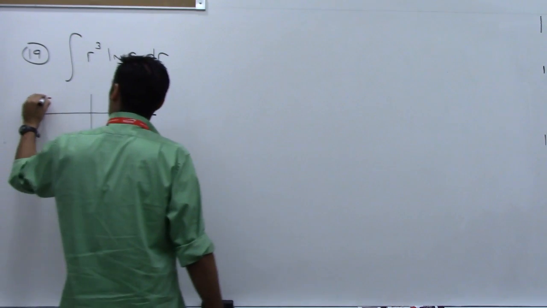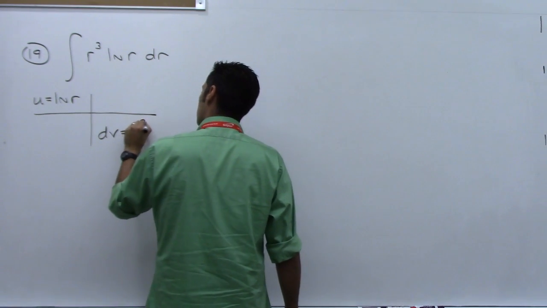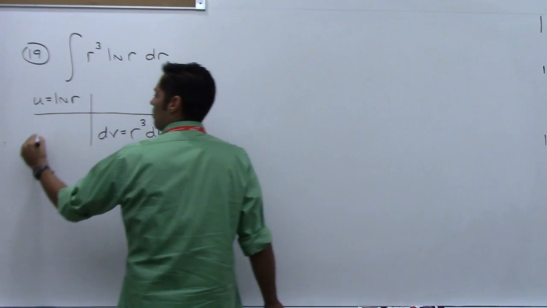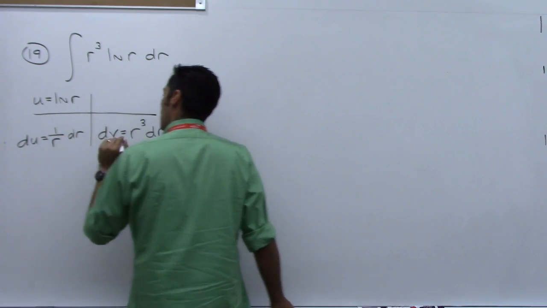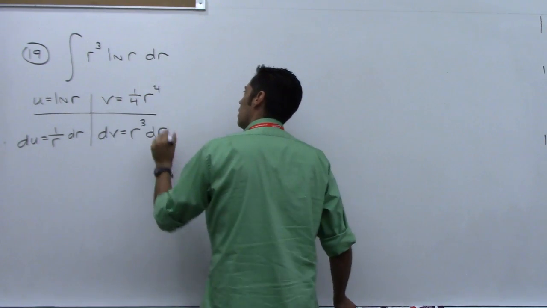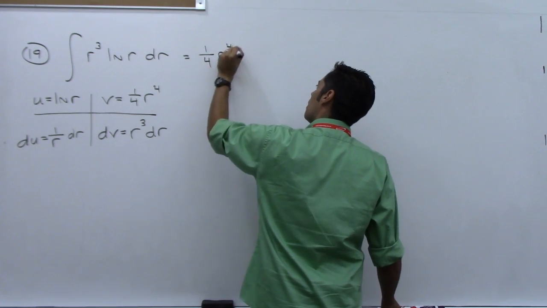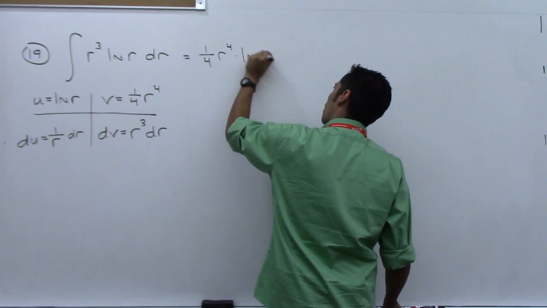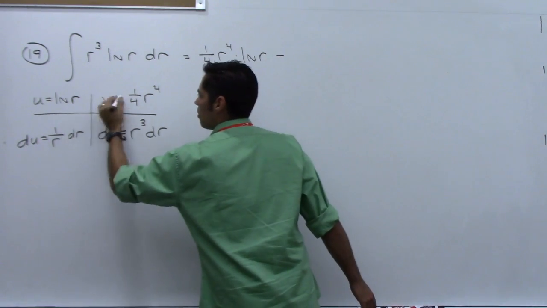So u is going to be equal to the natural log r. dv is going to be r cubed dr. du is 1 over r dr. And then the antiderivative of this is 1/4 r to the 4th. So we have uv, 1/4 r to the 4th times natural log r, minus the integral of v du.